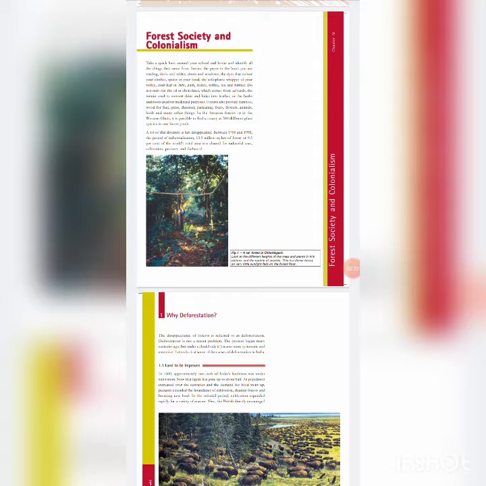In this chapter, we will discuss the new rules of forest use, new ways of organizing the forest, the colonial control, how forest areas are mapped, trees are classified, and plantations were developed.